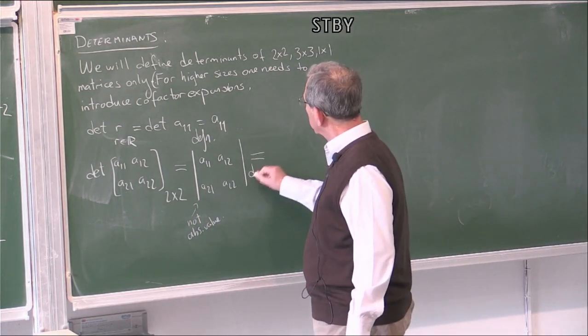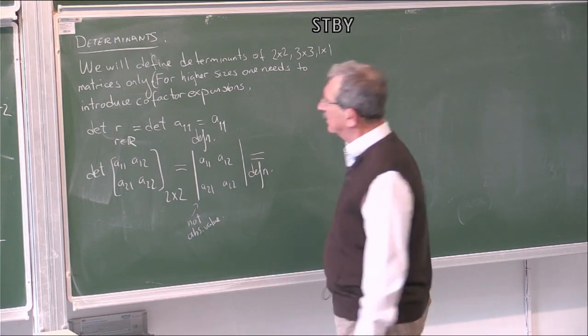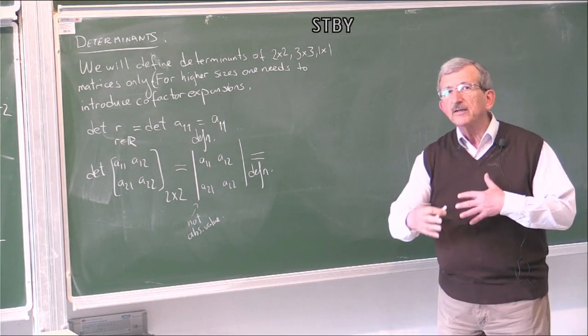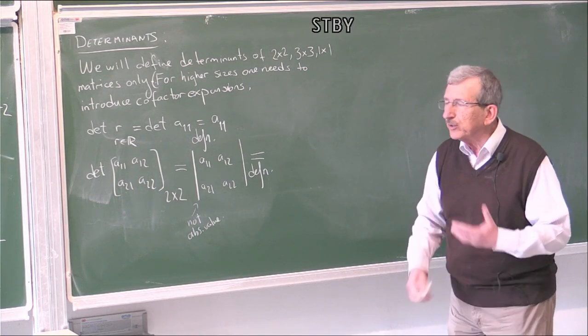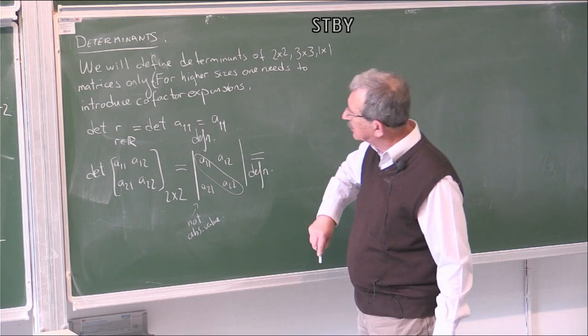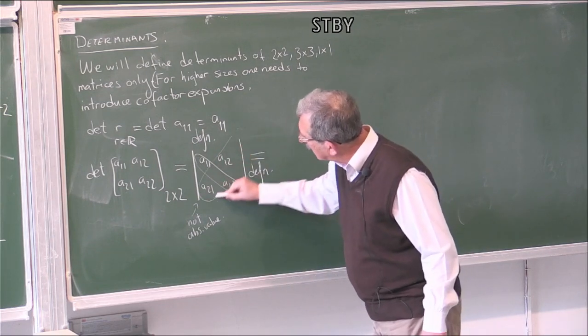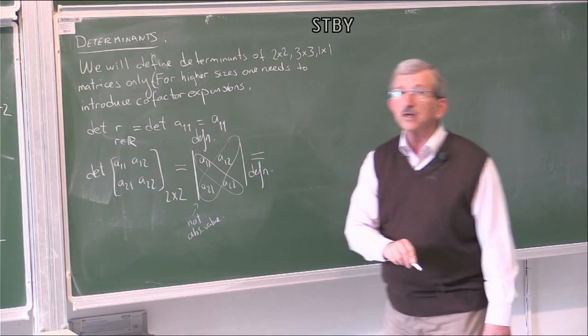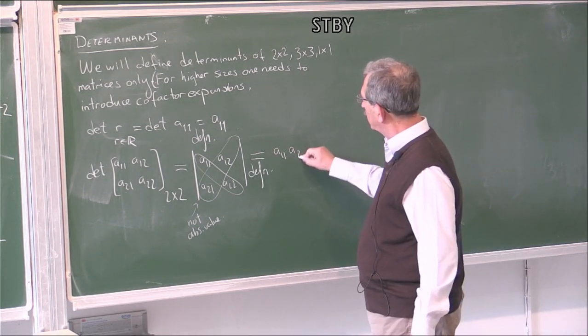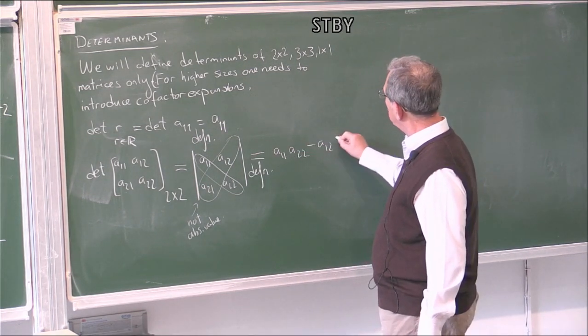So the definition is carried out by multiplying the diagonal elements. So what you do, you multiply these diagonal elements, and you multiply these diagonal elements, and you take the difference. So that is A11 A22 minus A12 A21.